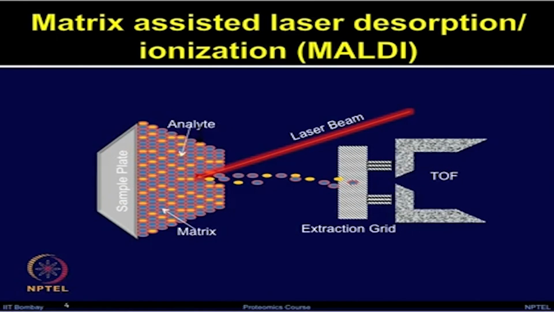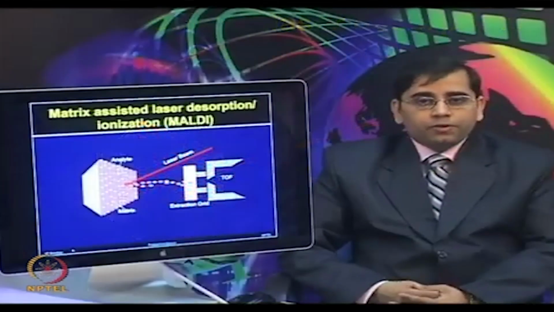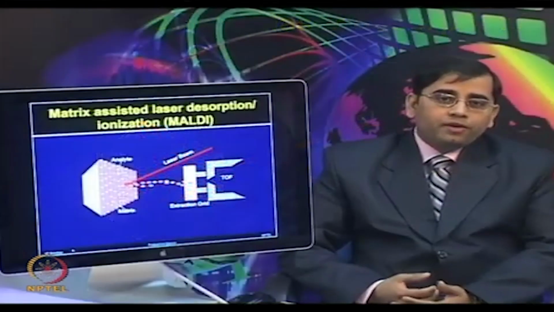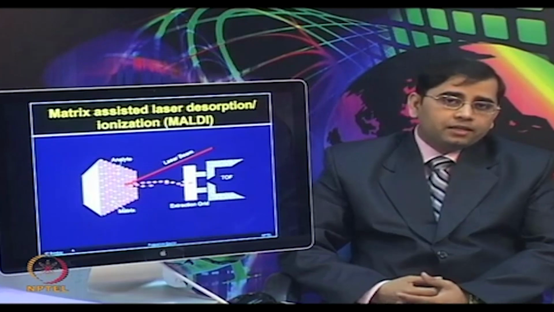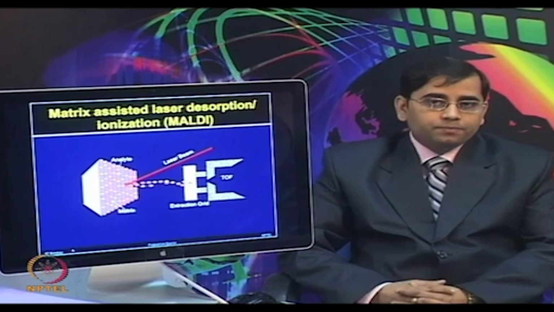The analyte, or the proteins of interest, are mixed with the matrix, which is usually an aromatic compound. There are various types of matrices available, which we will talk about in more detail when we come to sample preparation and matrix selection. But just for your reference, we can use 2,5-dihydroxybenzoic acid, we can use sinapinic acid, and there are several other choices.